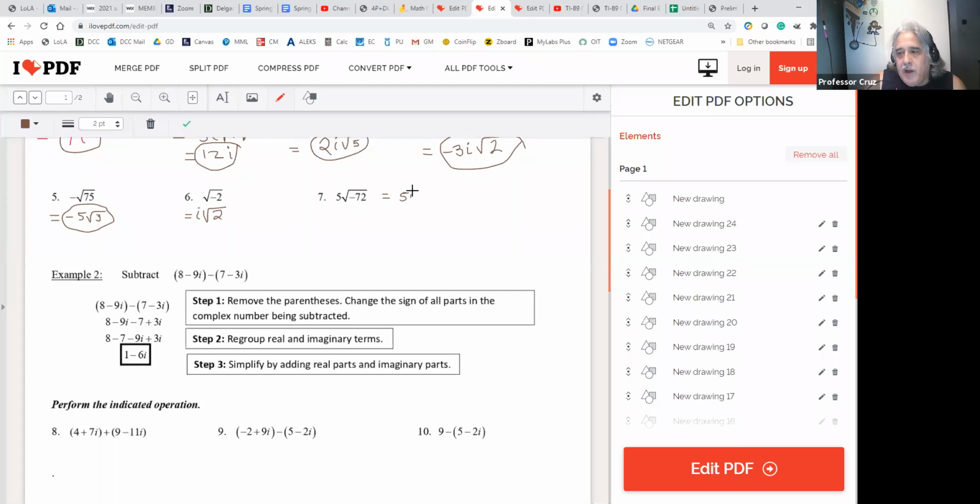Again, I want to bring the i out, and then I got square root of 72. And 72 is divisible by 9. Well, it's not just divisible by 9, it's also divisible by 36.